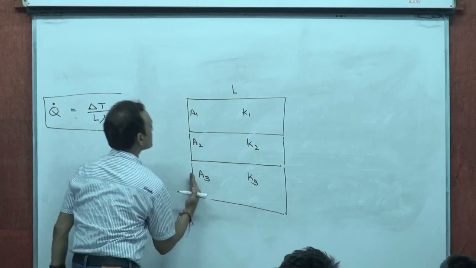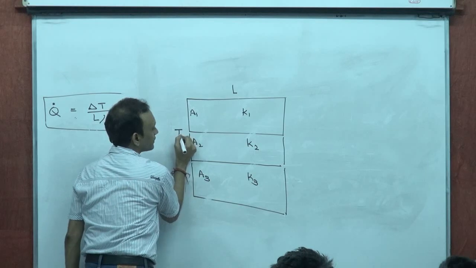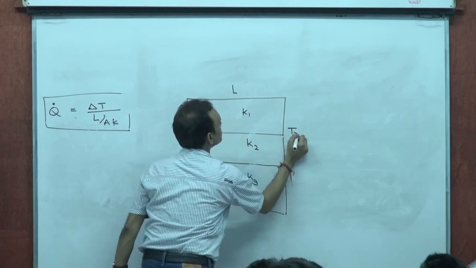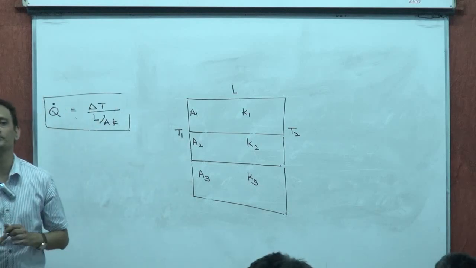Temperature of this surface, say T1, temperature of this surface, say T2. These are the temperatures of the two surfaces.